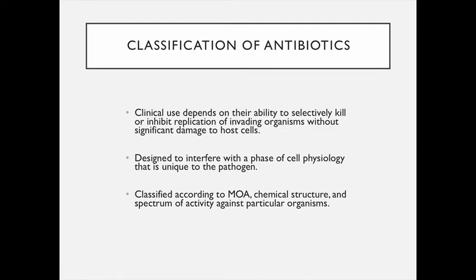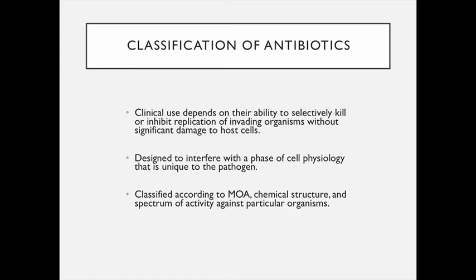All right, so when it comes to classifying antibiotics, we basically want to classify them based on their ability to kill or inhibit replication of the invading organisms without a whole bunch of damage to the host cells. They're designed to interfere with some phase of the bacterial cell physiology that's unique to that pathogen.